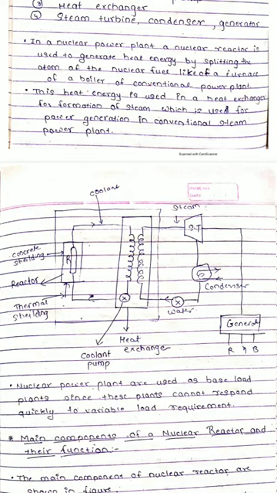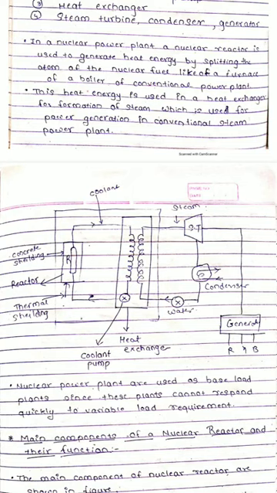But in the second, conventional power plant, on the other side of the heat exchanger, water is used as the carrier material, and the water is converted into steam by exchanging heat from the coolant.